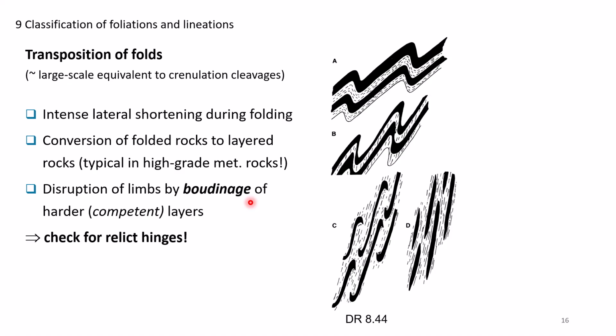And boudinage always affects the more competent layers in an interlayering of rocks with different rheology. So checking for relic hinges when you work with rocks of different competence that are showing this kind of lens-shaped pattern is a recommended step in order to perhaps identify transposition of folds as a process that has led to the formation of these lens-matrix relationships.